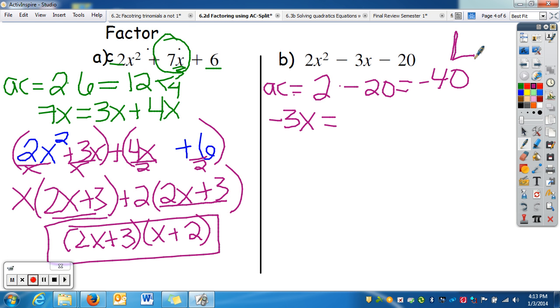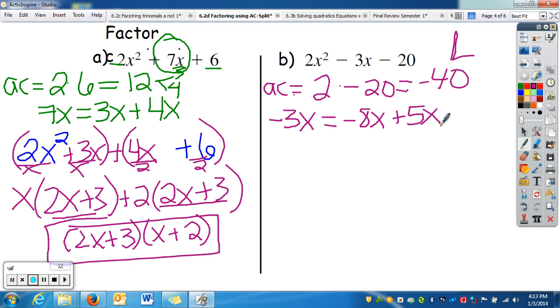Let me think here. So we got 4 and 10. Alright, so our two factors are negative 8x and plus 5x.